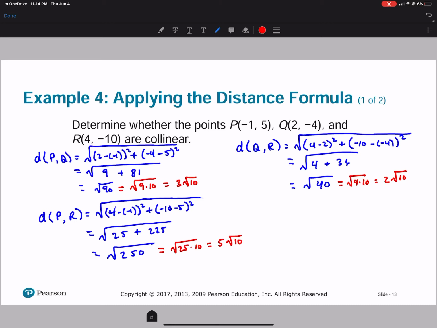Now, if these two, this one and this one, add to be that, then they are collinear. So we have 2 square root of 10 plus 3 square root of 10, which we see equals 5 square root of 10. So that checks out.